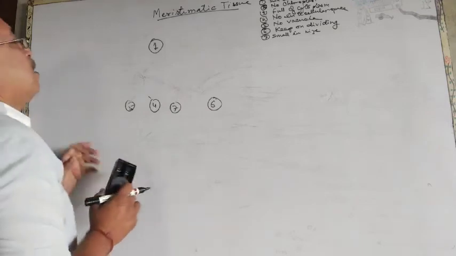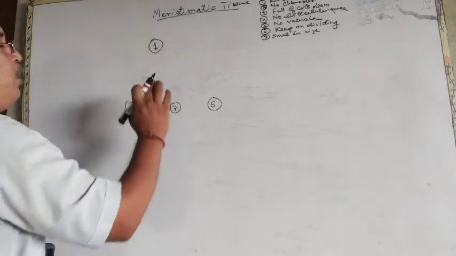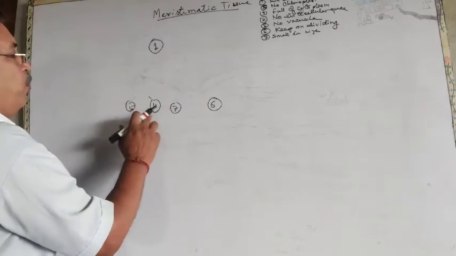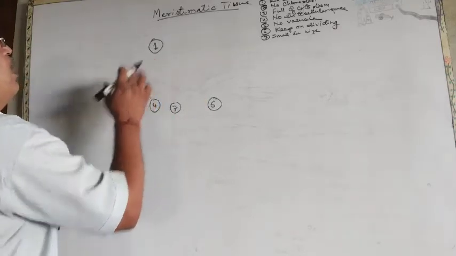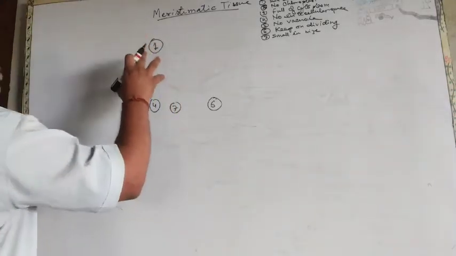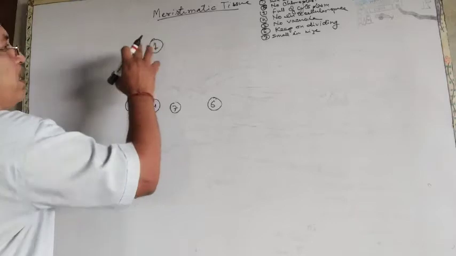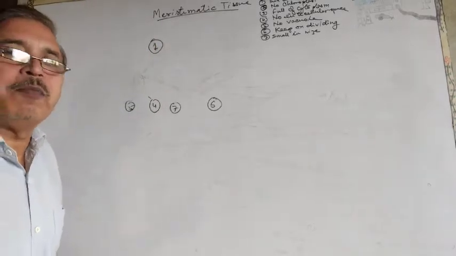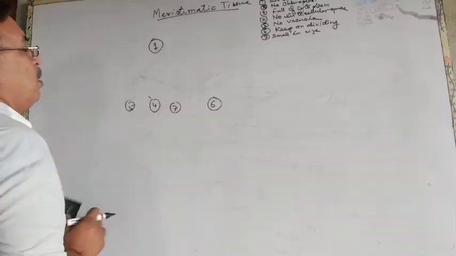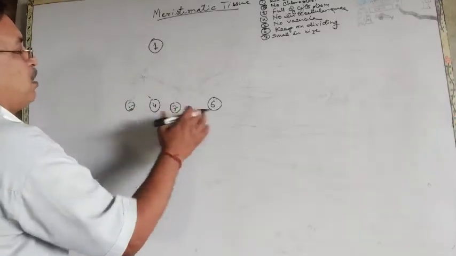Remember this. At the moment when you see cell number 4, 5, 6, 7, if I ask you to go to this part of the plant and find cell number 1, it will not be there, because cell number 1 itself has turned into these cells 4, 5, 6, 7.